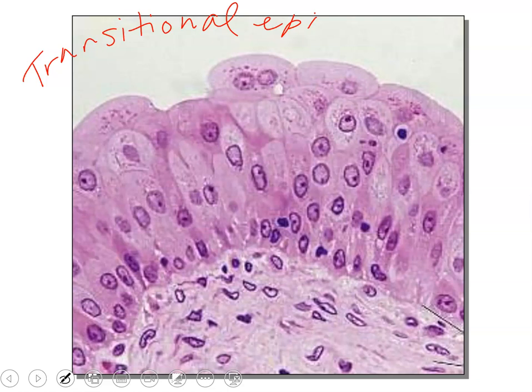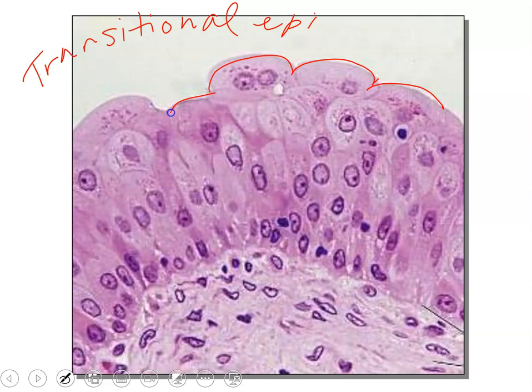So these organs hold urine. The transitional epithelium basically accommodates the amount of urine that is in these organs. So, for example, if we have an empty urinary bladder, the epithelium is going to take on what kind of looks like a stratified cuboidal appearance. We have these beautiful puffy dome-shaped cells at the apical surface.